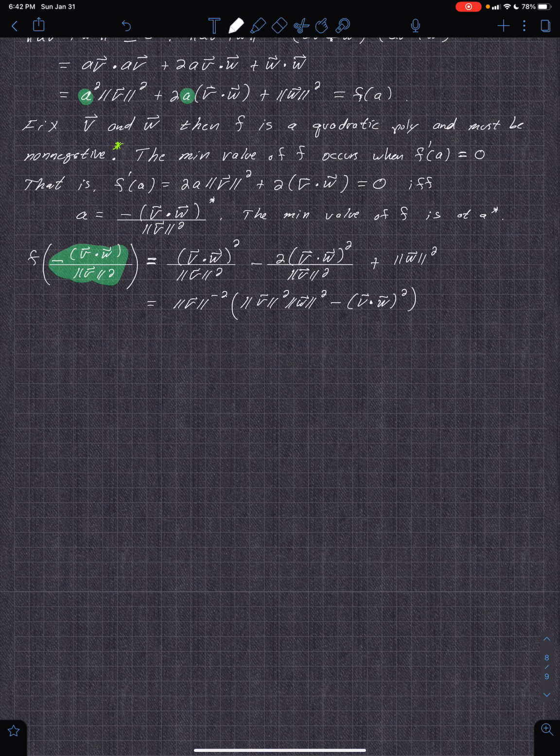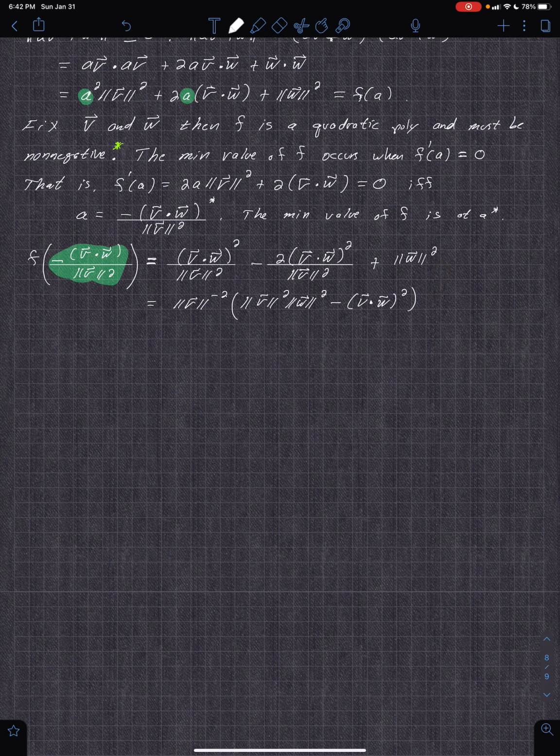Okay, so basically rearranging this, so factoring this out, and then simplifying and factoring, and you get this. Okay, so maybe I did too many steps at once there, but check that out. See how you could get that.